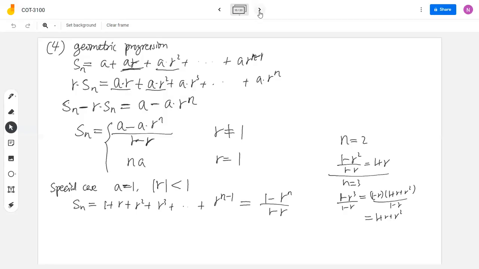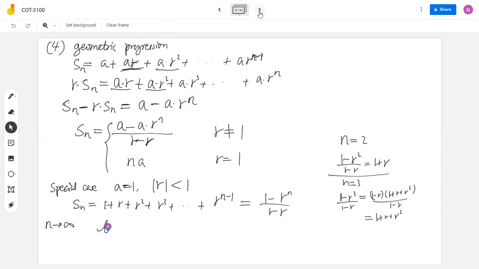A very interesting case is when n goes to infinity. When you have an infinite sequence and the summation of 1 plus r plus r squared plus r cubed, what are you going to get? You're going to get a limit. So let's do this.